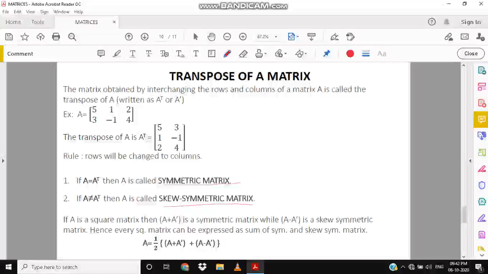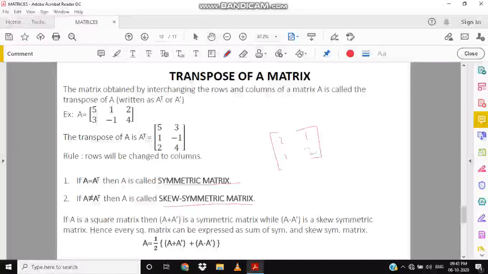Here, if A equals A transpose, supposedly we get a matrix, say 2, 1, 1, 2.